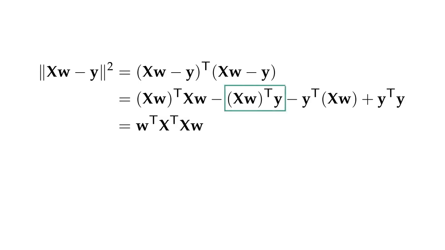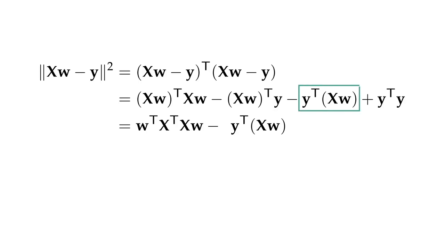For the second term, we'll use the vector form of that identity. Xw is just a vector, y is just a vector, so xw transpose times y is the same as y transpose times xw. The third term is already the same as this, so we can just add these together. And the final term we're going to leave as it is.